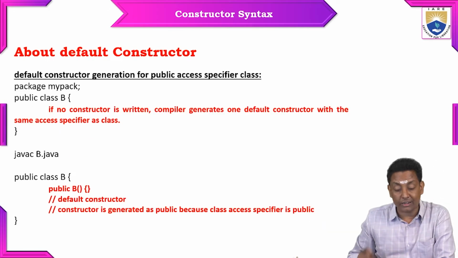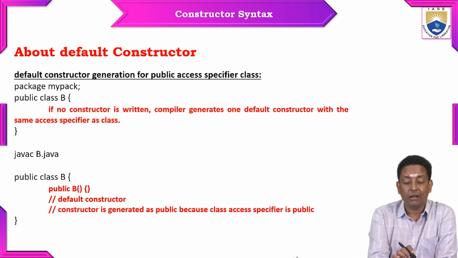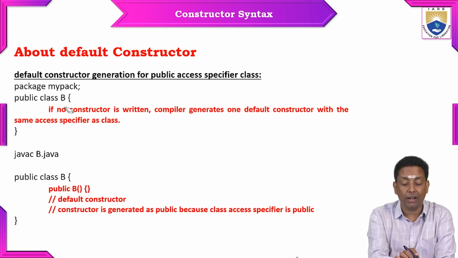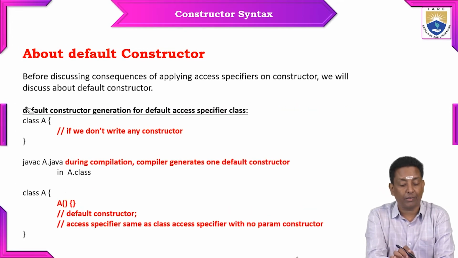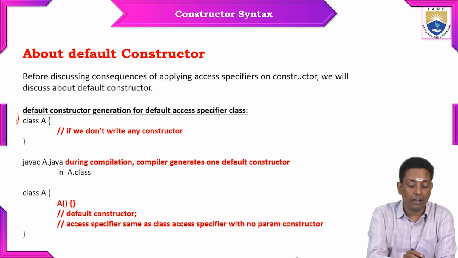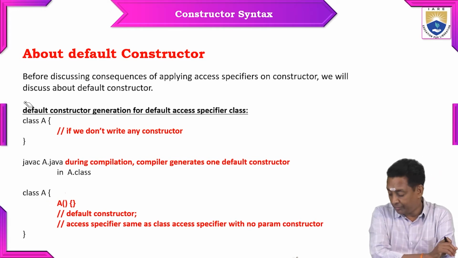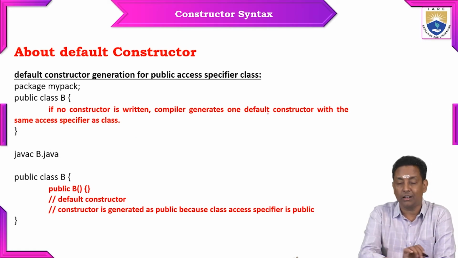If you look at the next example, I'm writing public class B. The class access specifier is public. Previously, class A access specifier is default, right? That is why, in the default access specifier class, the constructor is generated with default access specifier. Now, class B is public, but no constructor is present here. We haven't provided any constructor in the class.